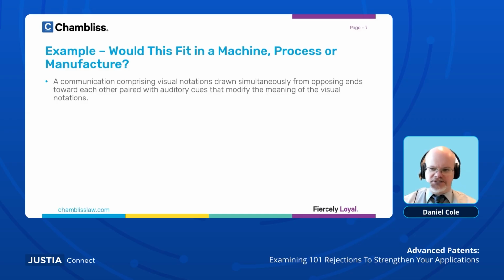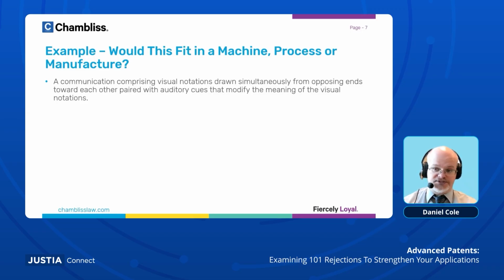But here, if you did this as a process, if you said, a process of communicating, including making a visual depiction, changing the meaning of the visual depiction with an auditory cue, you would then have a process that would at least go through the first step of saying, yep, this is a process, so it is going to be patent eligible.